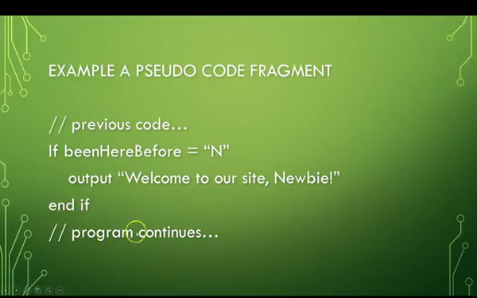Otherwise, I won't do anything. I'll just continue with the program. This program might then present the user with a menu of games, for instance, to play on our site. So the idea here is there's no else. This is just a single thing. If this is true, we do it and we continue.